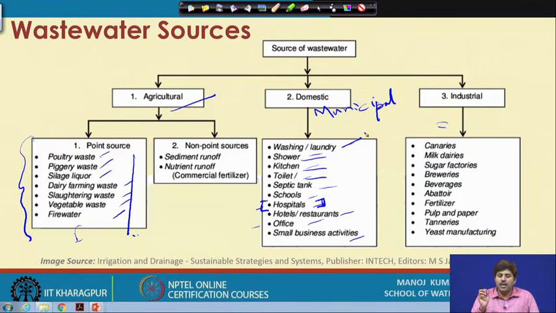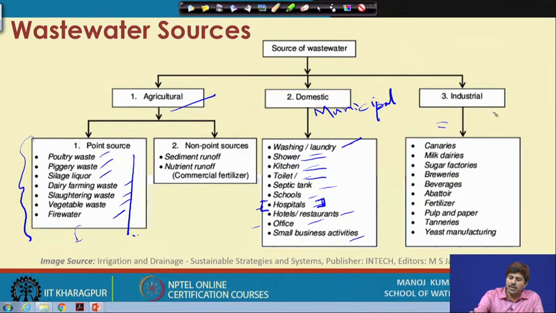And then we have industrial wastewater. There are a variety of industries, and these different industries utilize water in different processes and approaches, and the kind of contaminants they add to the water are of a different nature. So, depending on which type of industry we are considering, we can have different characteristics of the wastewater.